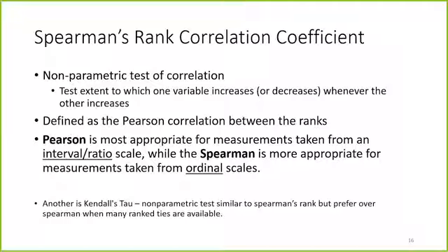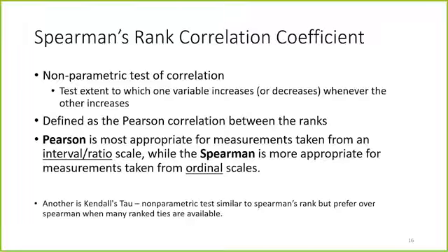Pearson might be appropriate for data with interval or ratio scale, with numerical values, while Spearman is more appropriate for data with ordinal scale, with order but not fixed intervals. You can also use Spearman rank correlation for interval and ratio scale, you just need to convert those into ranks.